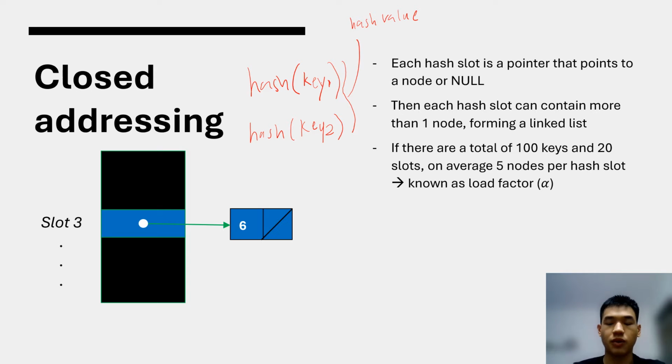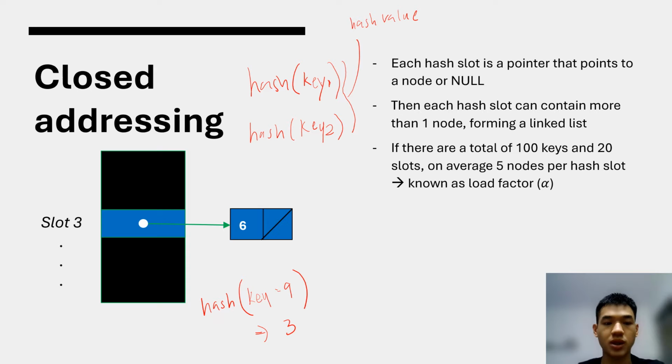So say for an example here, in slot 3, we currently have the node 6 inside here. And say I pass a key 9 here, and when I apply the hash function, I get 3. So my hash value is 3, meaning 9 will map to slot 3.